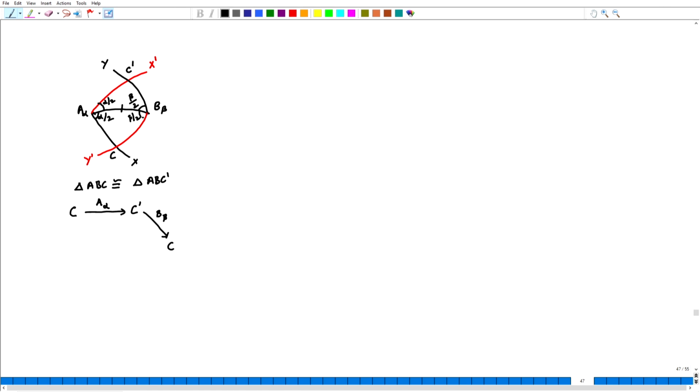What does this mean? Let me put it another way: I do an operation of A alpha followed by B beta. Essentially, this means that the point C is an invariant point.